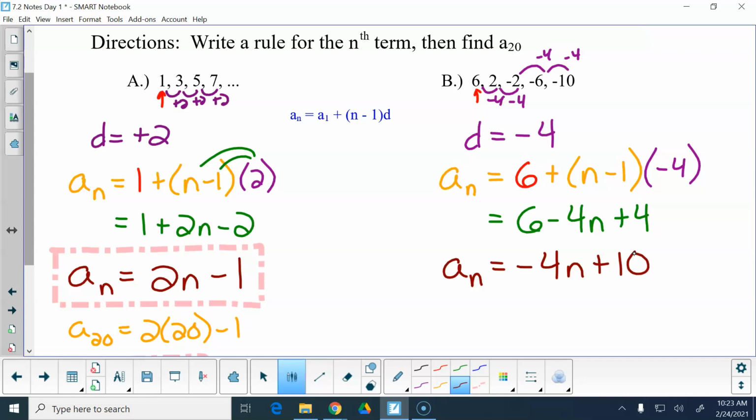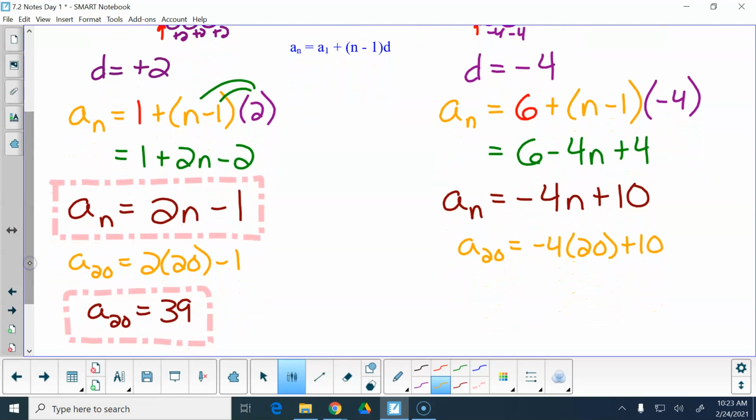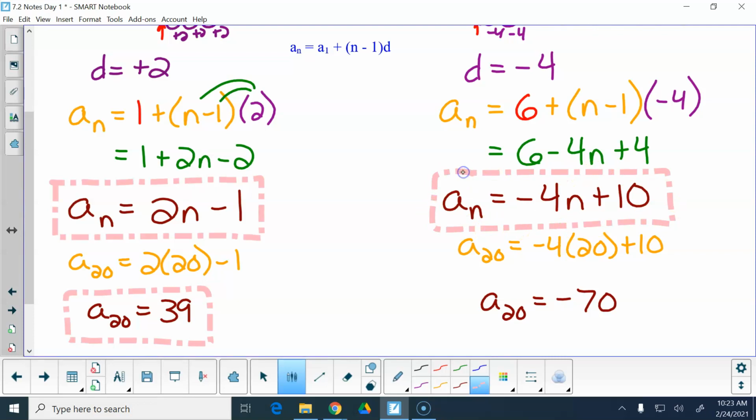Using that to find the 20th term, negative 4 times 20 is negative 80. Negative 80 plus 10 is negative 70. Questions, comments, concerns, clarifications?